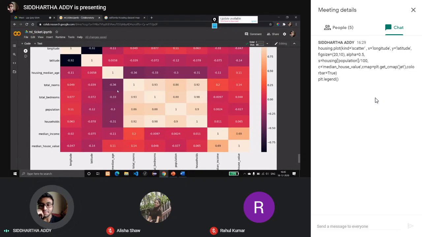Since I'm mostly obsessed with this particular median house value, I'm going to look at that particular row and find what things are there. So we can understand from here that this median income is very bright, right? This median income is too bright.